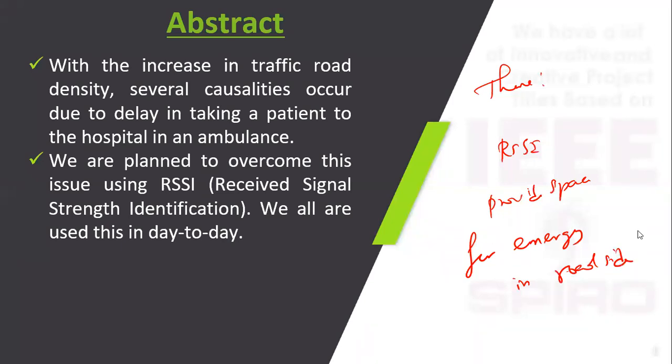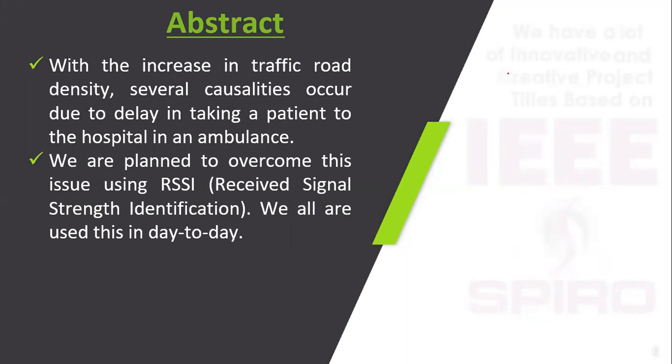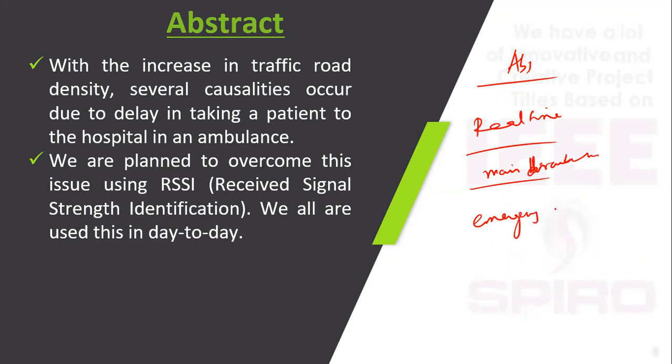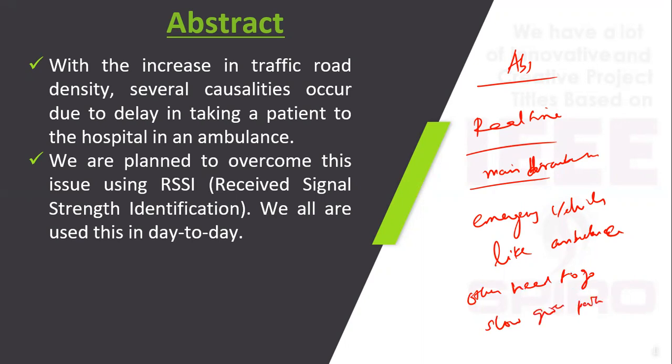So, main drawbacks in the existing system. In a real time scenario, whenever an emergency vehicle like an ambulance comes, other vehicles need to go slow and give path to the emergency vehicle.